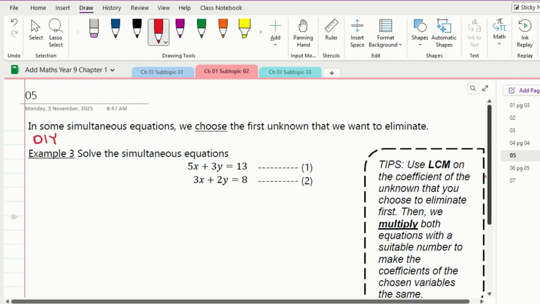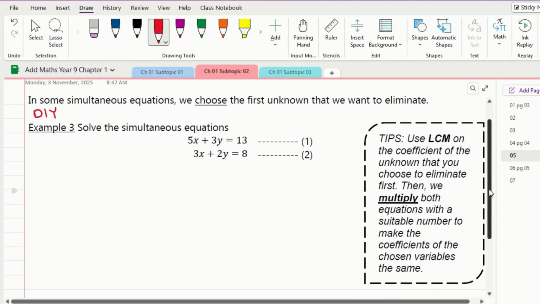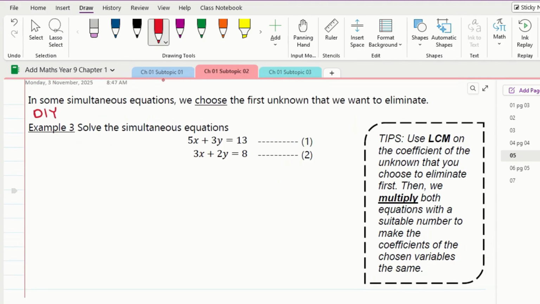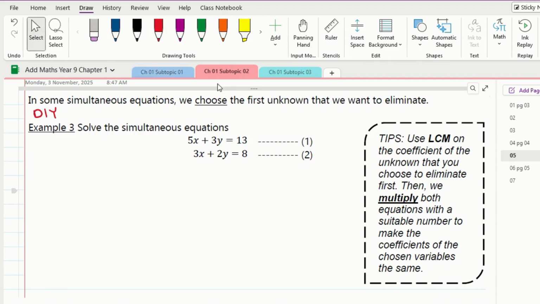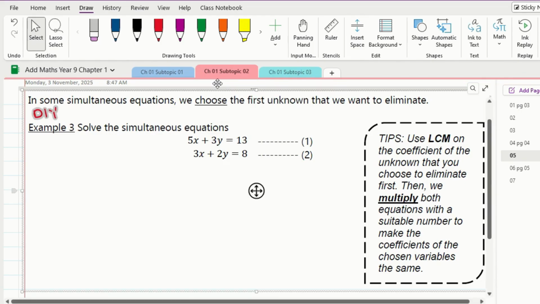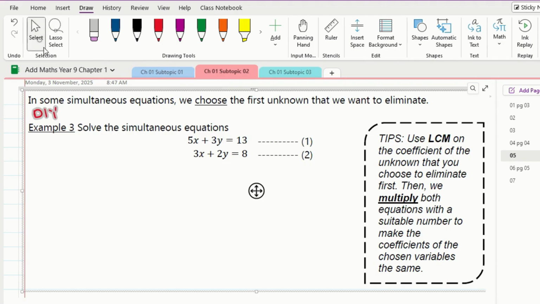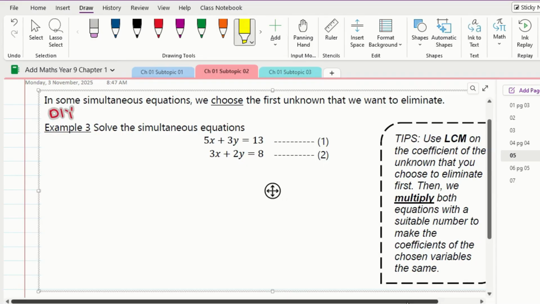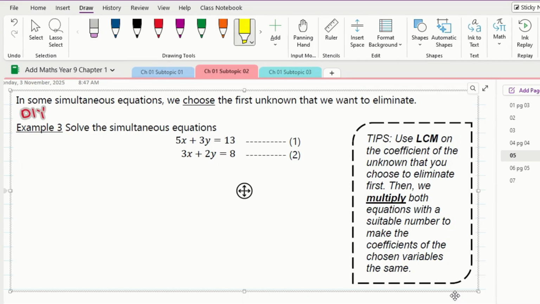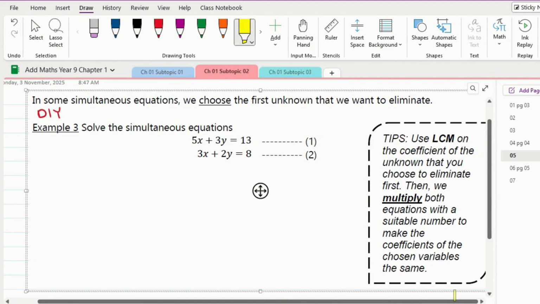So here, in this situation, you have to choose the first unknown that you want to eliminate. Here in this case you can actually choose whether you want to eliminate x or whether you want to eliminate y. So the tip that I can give you here is to use LCM on the coefficient of the unknown that you want to eliminate.